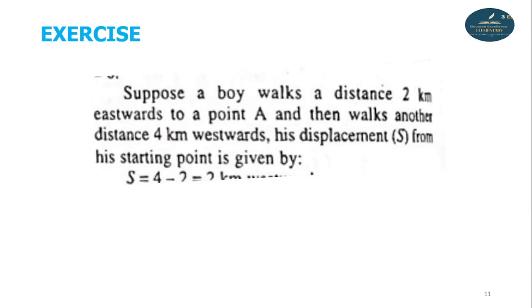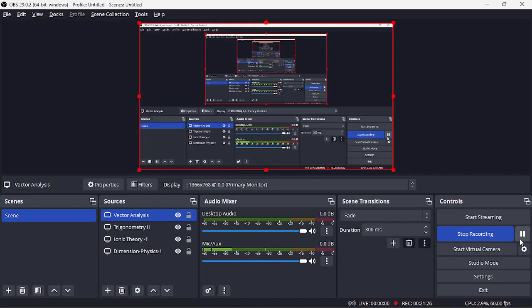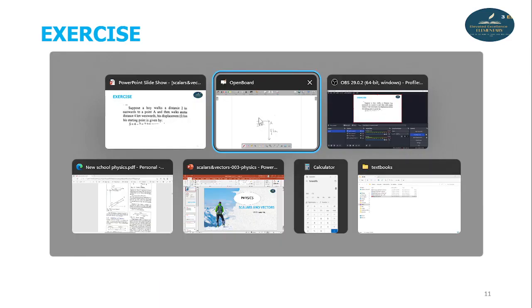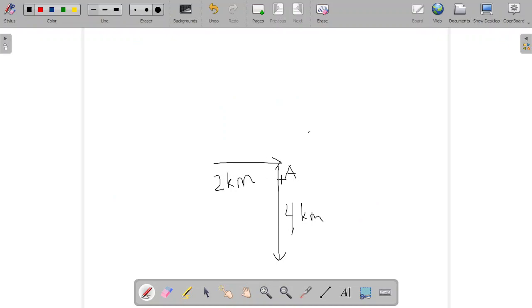Now, how do we solve a question like this? We need to understand something. Suppose a boy walks a distance 2 kilometers eastwards to a point A. Let's solve this question again so we can understand the concept.